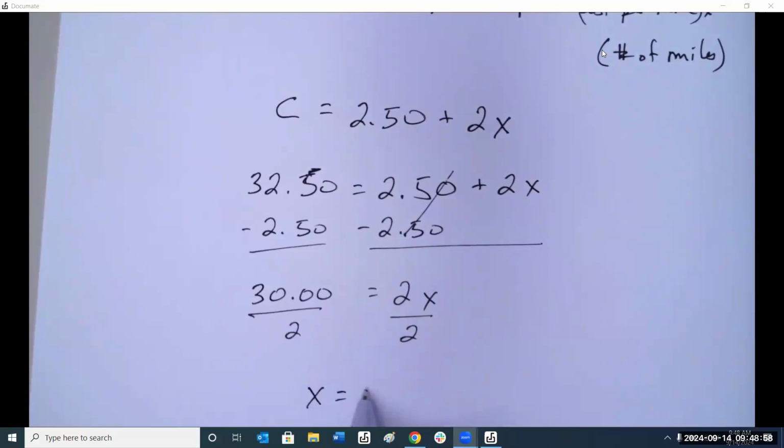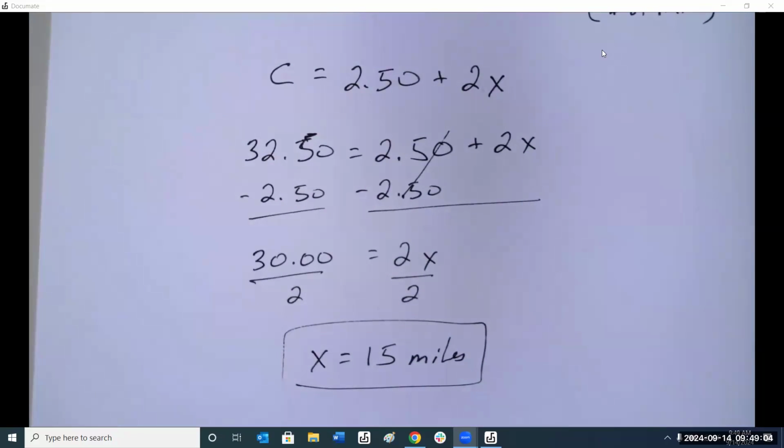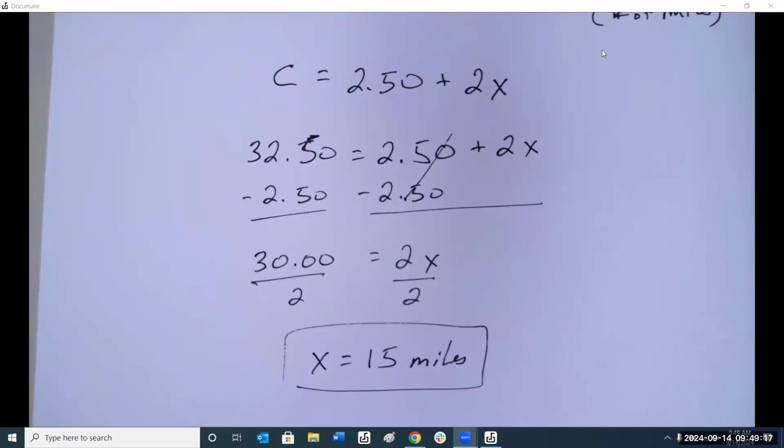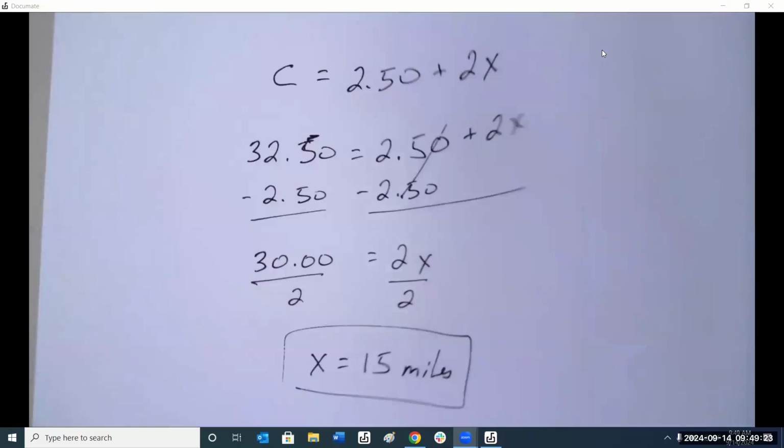So x is equal to 15 miles. Pretty straightforward.